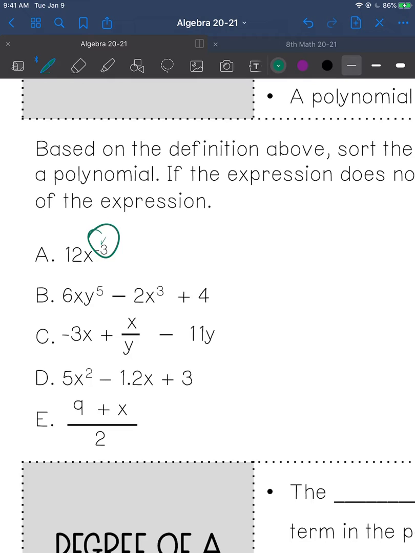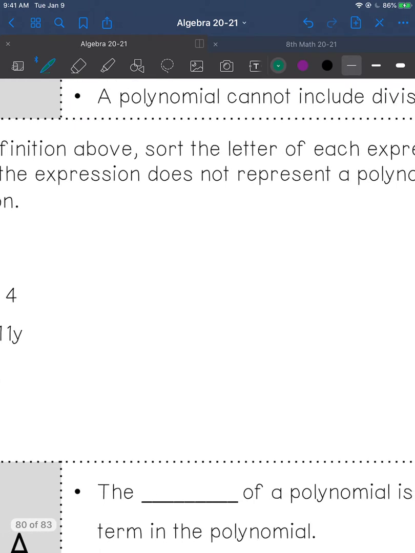Does it have a negative or fraction in the exponent? Is there a division by a variable? It includes constants, variables, and whole number exponents. So yes, B is a polynomial.